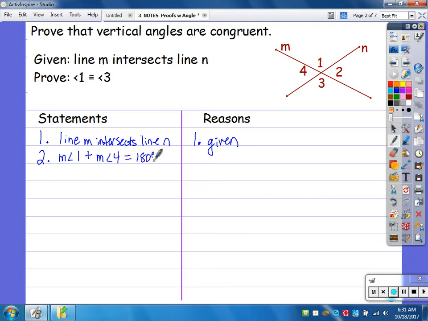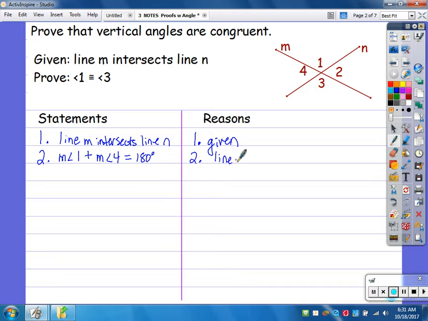Now, another key part of proofs is that whatever your statement is, whatever angles you're talking about, if you look at what kind of angle pair those are, that's going to help you know what your reason is. So again, I know that 1 and 4 are a linear pair, so my reason for statement 2 is going to be that linear pairs are supplementary.